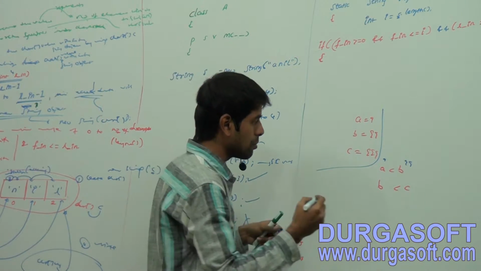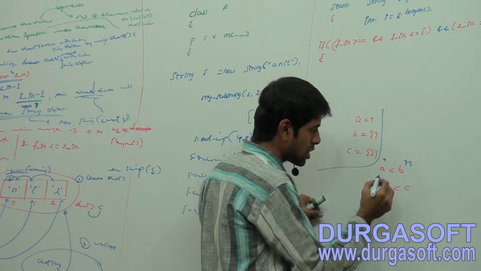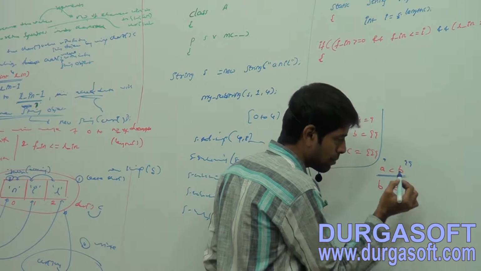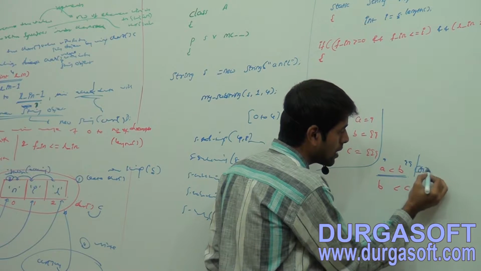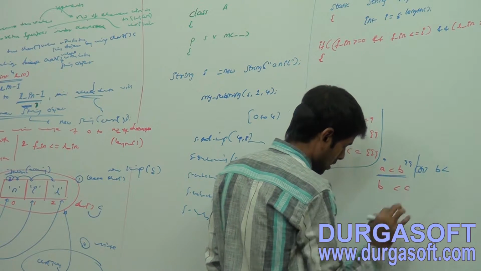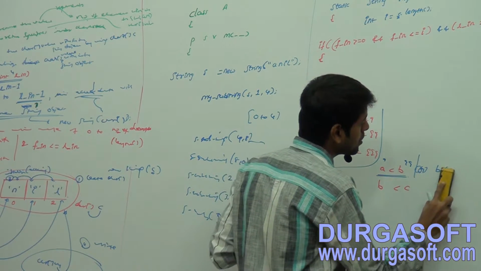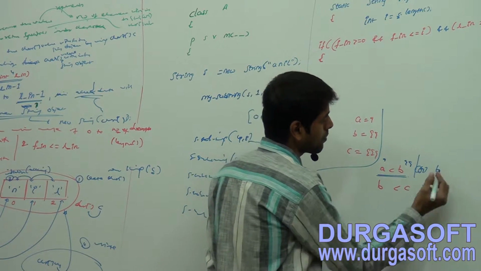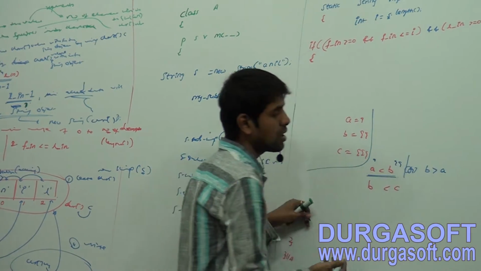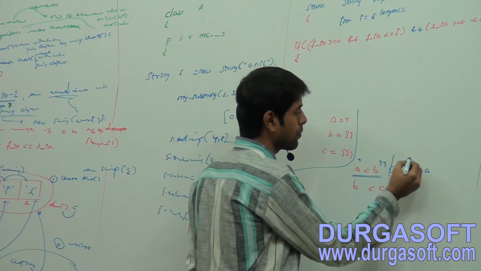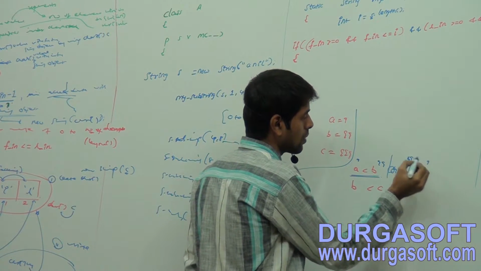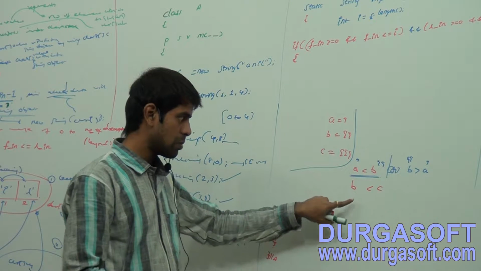Observe here, B value is less than C. First statement is what? A value is less than B. Meaning, otherwise, B is greater than A. Okay, now come to this part.